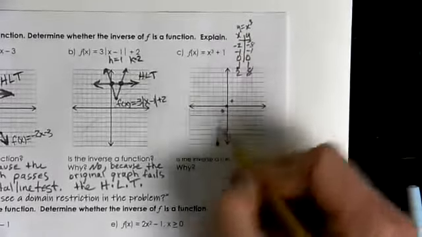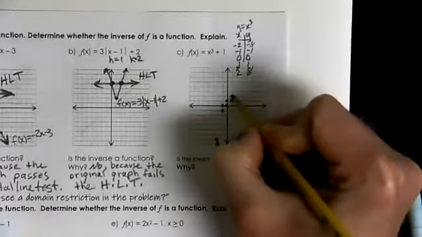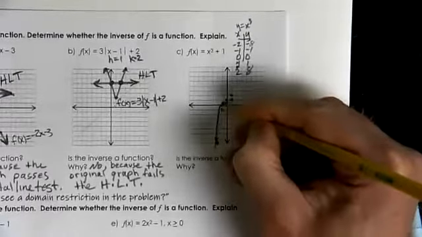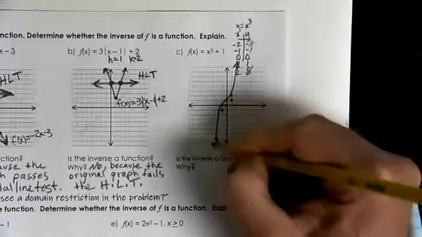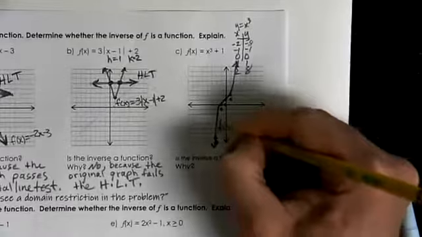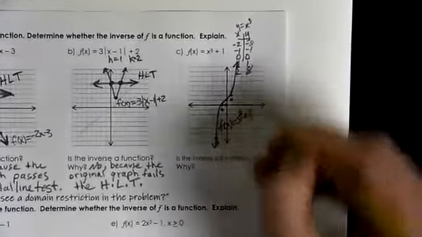Now we need to increase all of those points by 1. There it is. That is f of x equals x cubed plus 1.